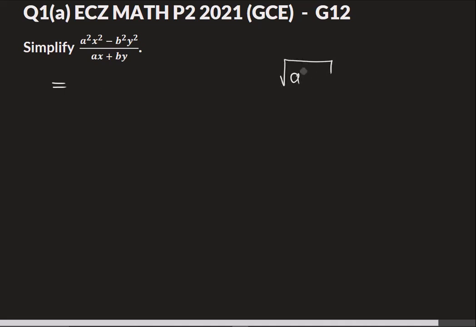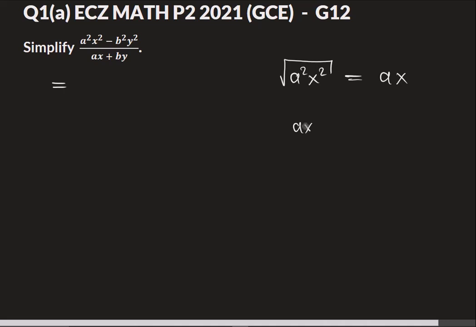First, we're going to try to find the square root of a squared x squared. You can see here we've got squares on both these, a and x. So our square root of that is going to be ax. In situations like this, when some people might get confused, just try multiplying your solution here by itself and see if you're going to get back to what was in the question.